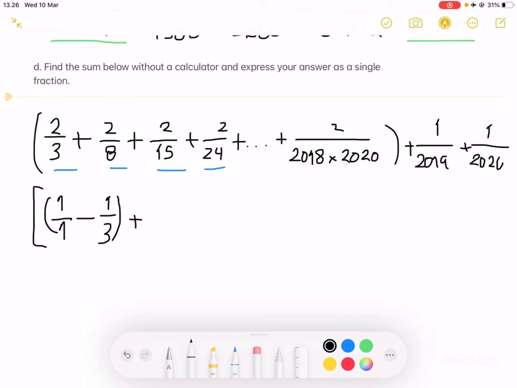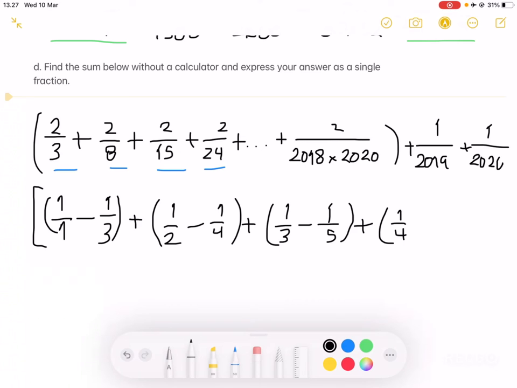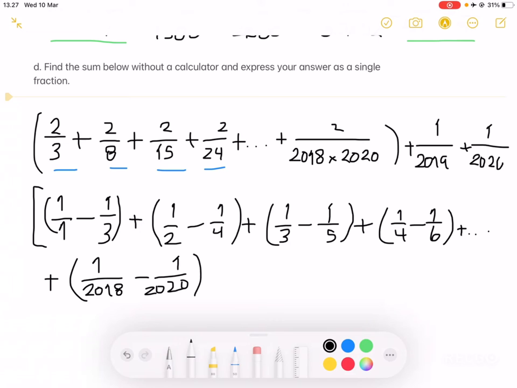So I have 1 over 1 minus 1 over 3 plus 1 over 2 minus 1 over 4 plus 1 over 3 minus 1 over 5 plus 1 over 4 minus 1 over 6, and then so on, and we'll stop at 1 over 2018 minus 1 over 2020, again using the formula that we've gotten above. And don't forget the additional terms.